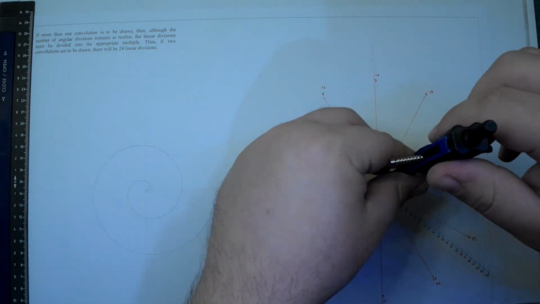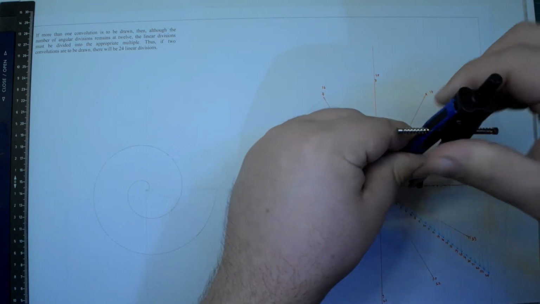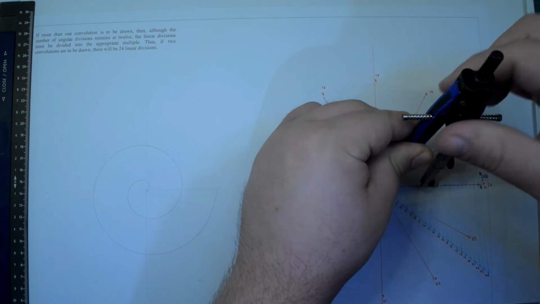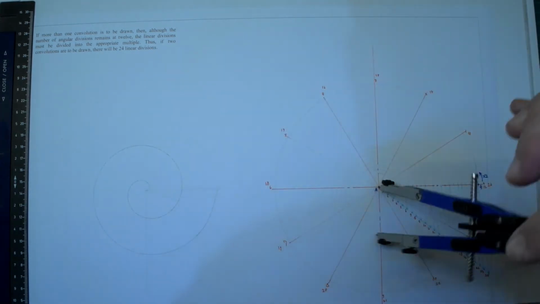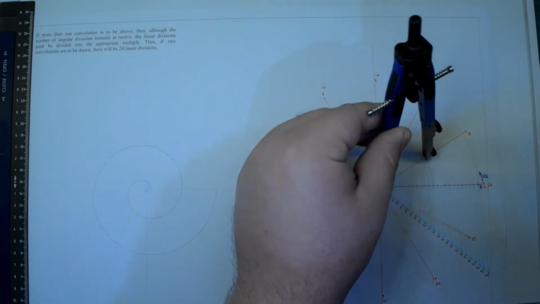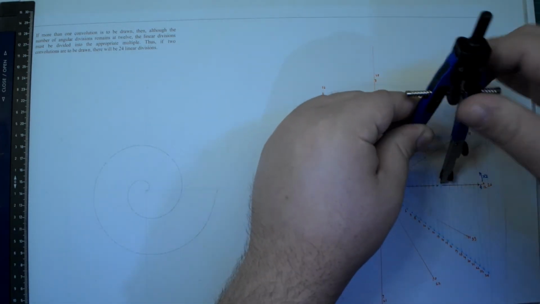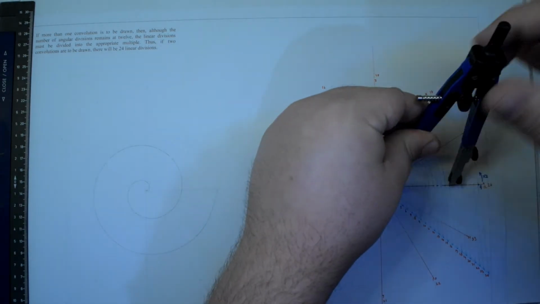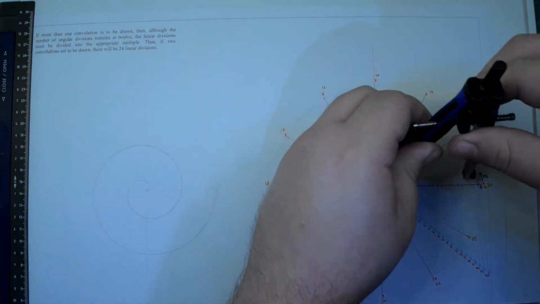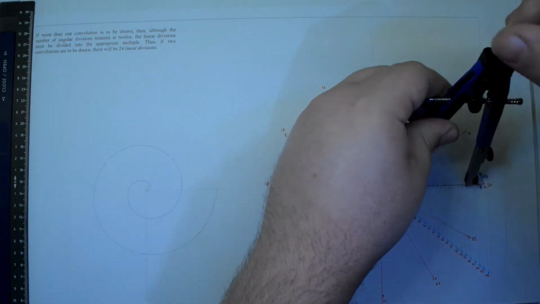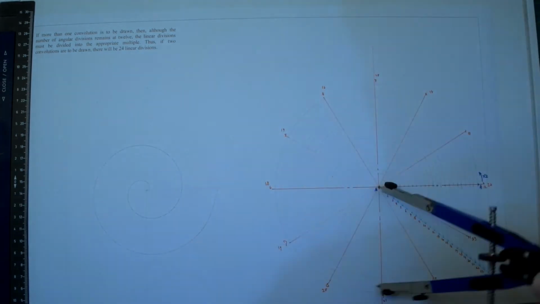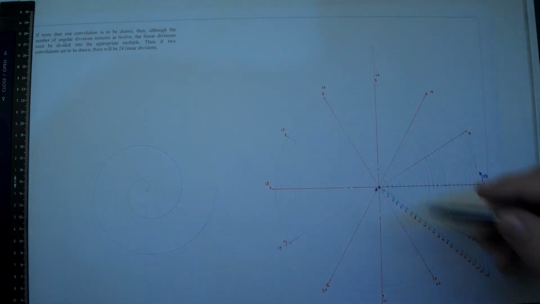Mark out the first revolution of the Archimedean spiral, then turn for the second revolution. Join the points by freehand.